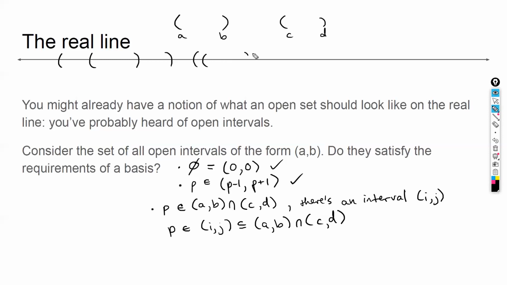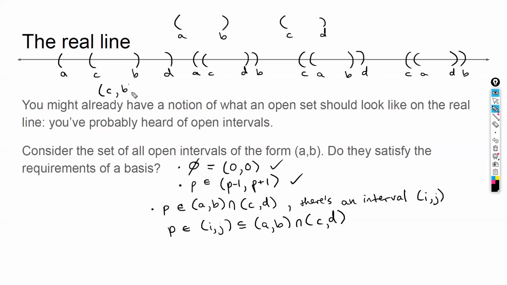Otherwise, we get 4 possible cases, so I'm just going to draw those 4 cases out for you, and we'll see what happens. So I could have (a, b) and (c, d) overlapping like this, like this, like this, or like this. Let's take a look at what those intersections are. The intersection here is actually going to be an interval itself, (c, b).